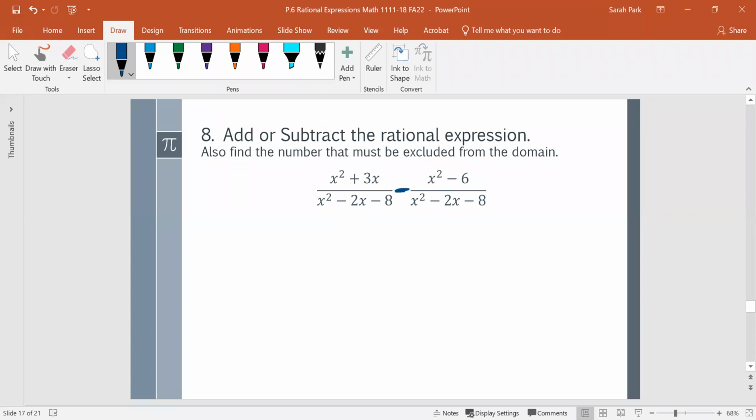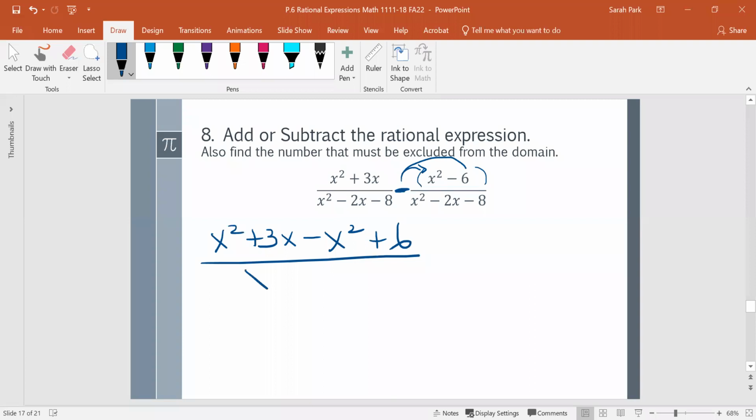Because the subtraction sign is in front of the whole fraction, it's like having parentheses around the x squared minus 6. So if we want to simplify this, we get x squared plus 3x. The negative sign we have to distribute as minus x squared, and then the minus with the negative 6 gives plus 6. This is a little tricky to remember.